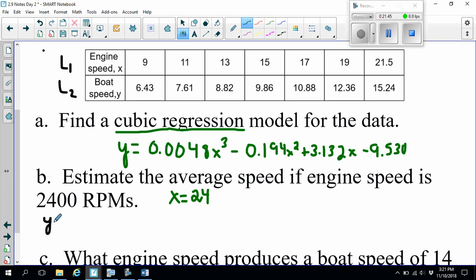If you need to show work, all you really need to do is show that you plugged 24, or whatever your x value is, into the function. So I plug 24 for every single x that I see.